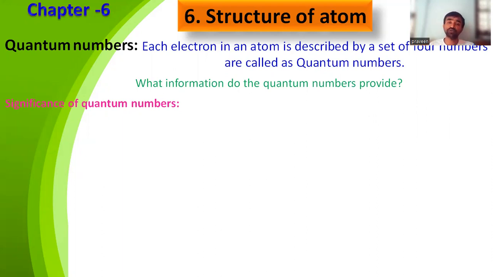These are the four types of quantum numbers.